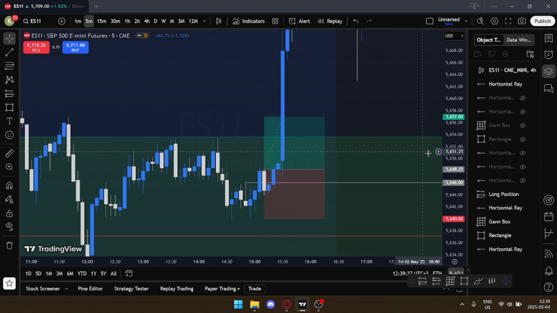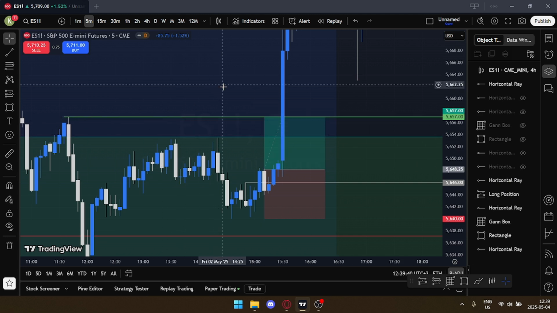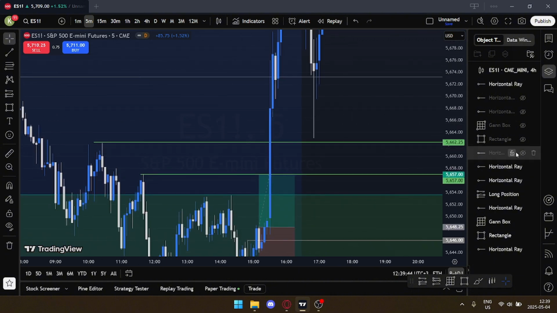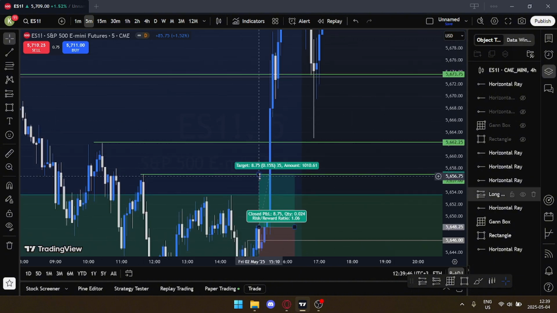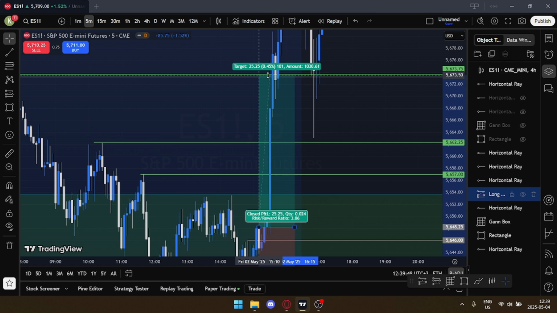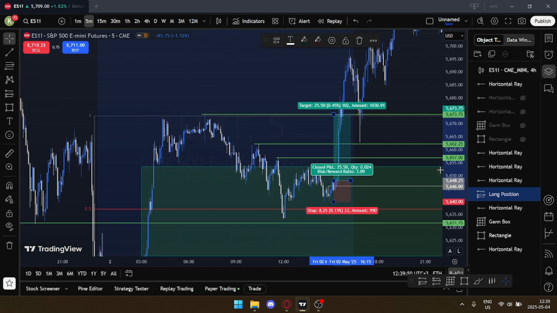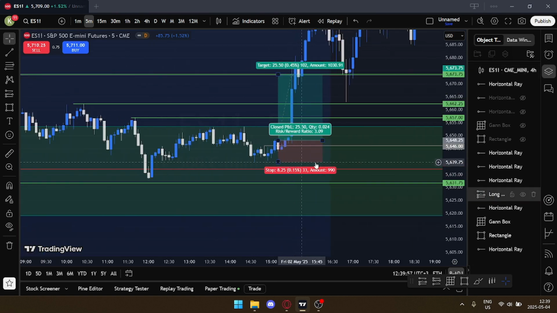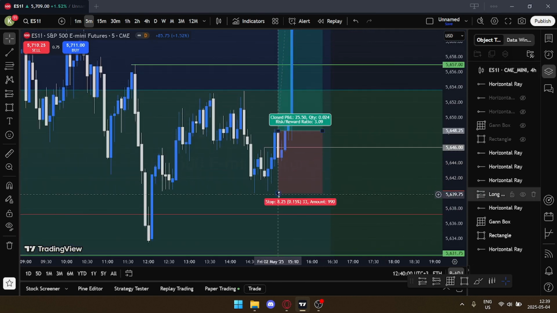My first take profit was right over here above this high. My second was right here, and my third was right here. We ended up hitting all of these take profits, and we actually went up a lot further, and my stop loss was right below these lows.